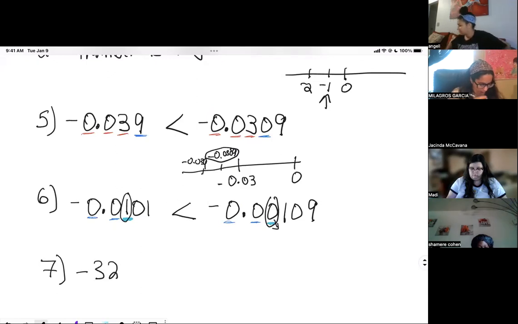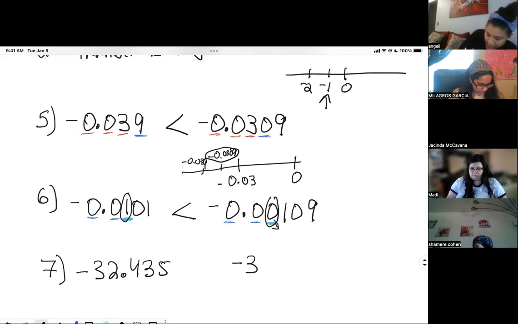Negative 32.435, negative 32.443. All right, so let's compare. 3 and 3, 2 and 2, 4 and 4, and then I just saw it, 3 and 4.